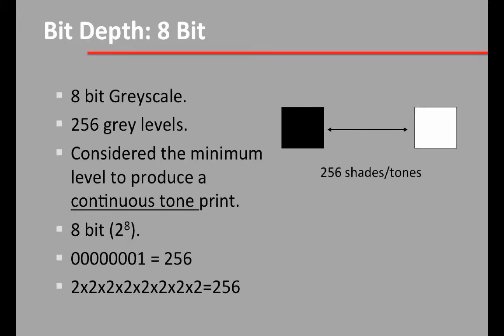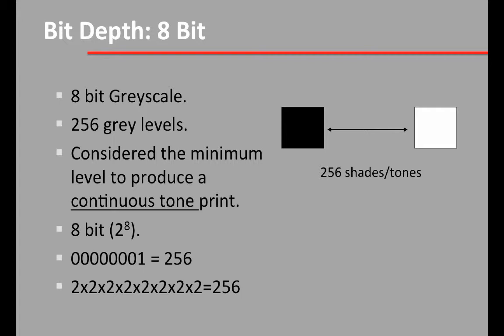Okay, so let's step it up now to 8-bit. Now the interesting thing about 2-bit and 1-bit is that they are not what we would call photographic quality. We can't reproduce what we call a continuous tone print. Continuous tone print is a concept that we associate with traditional black and white photographs.